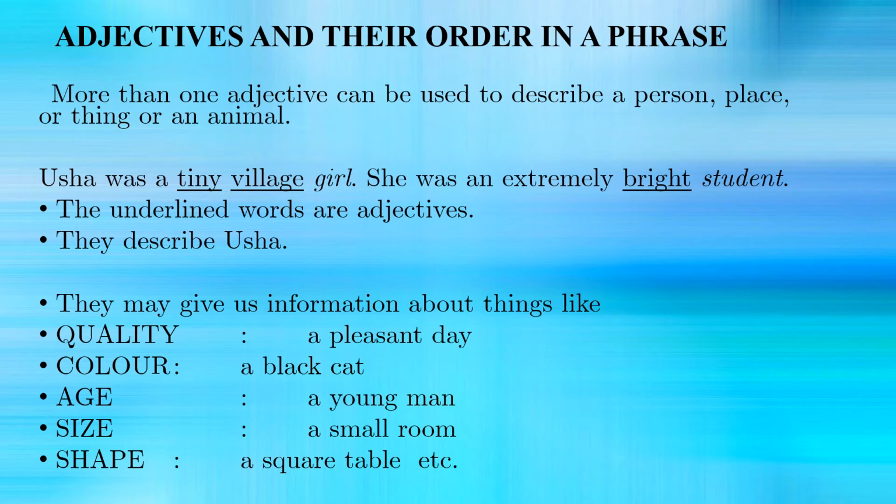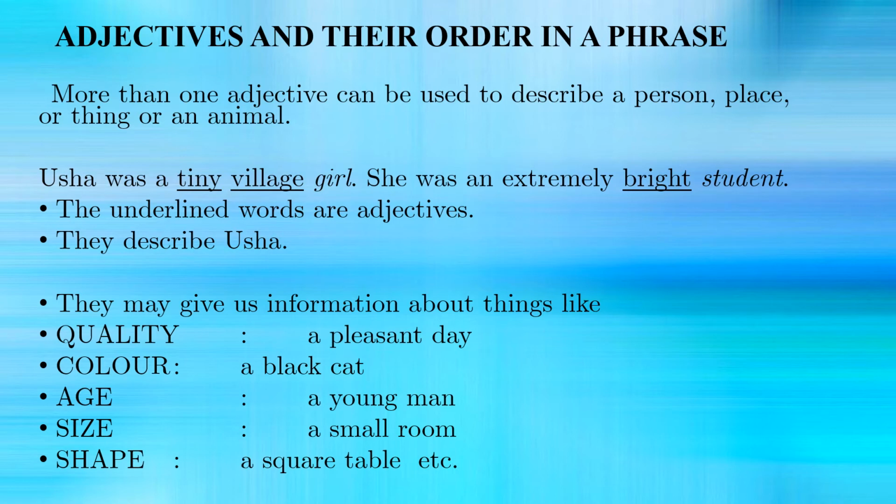So here are a few tips to follow to arrange different adjectives in a phrase. And first of all, what is a phrase? A group of words which do not have a noun or a verb. So in such a phrase, we can follow this order to arrange different adjectives.